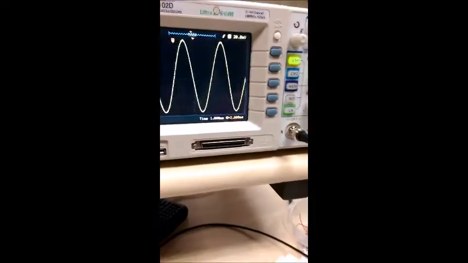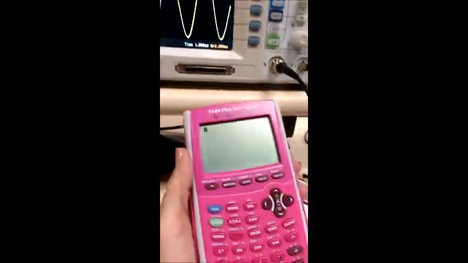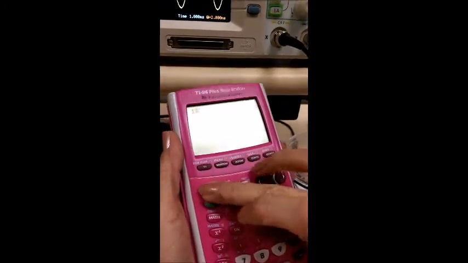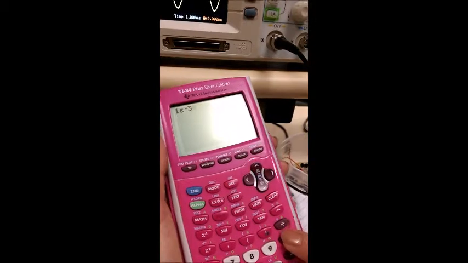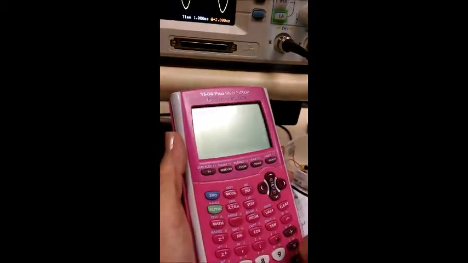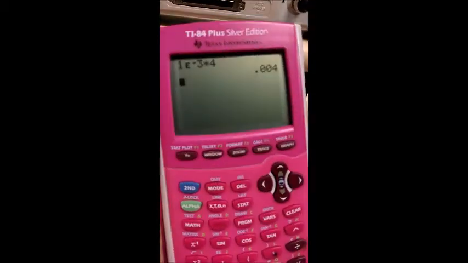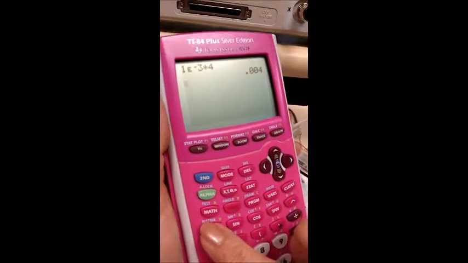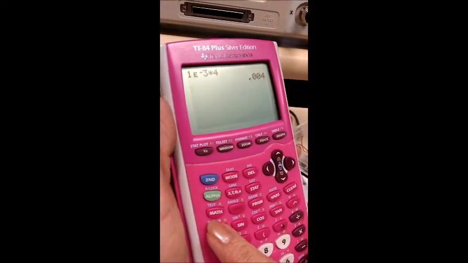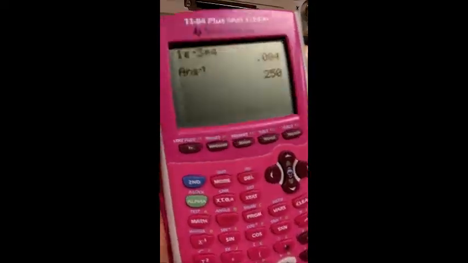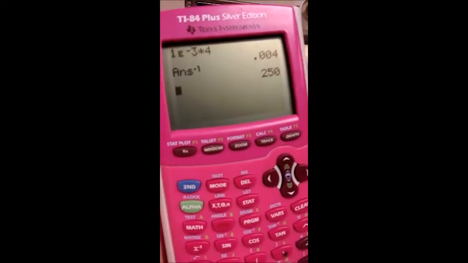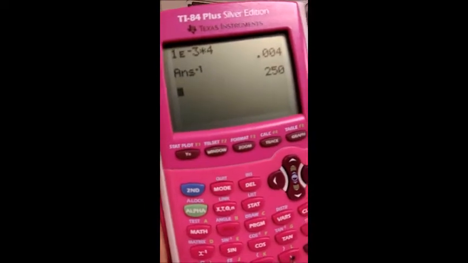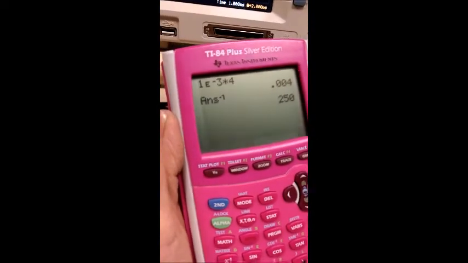So back on our calculator, we will take our 1 millisecond, 1 times 10 to the negative 3, and we will multiply that by our 4 divisions. That would be our time, and then we do 1 divided by that answer. So you will see that the hertz, the frequency, is 250. So 250 hertz for this example.